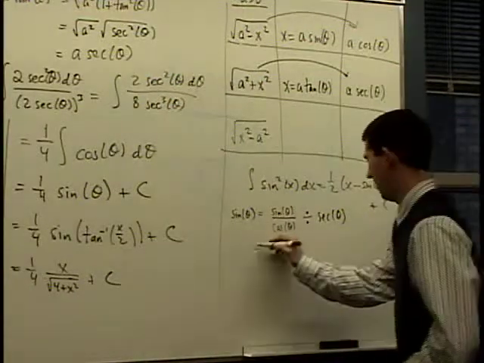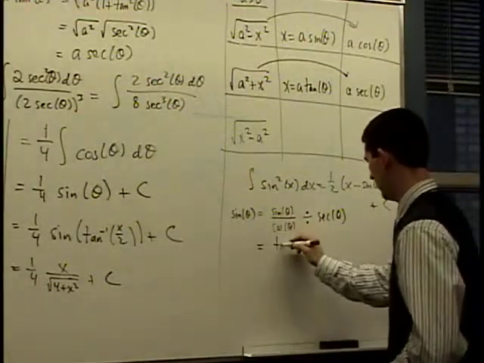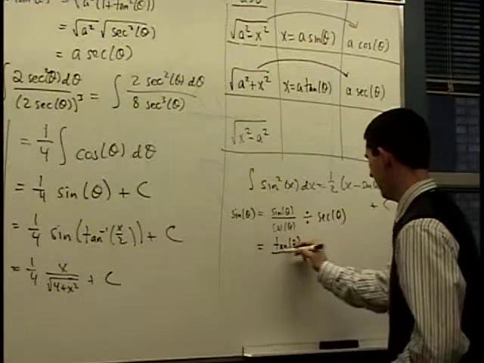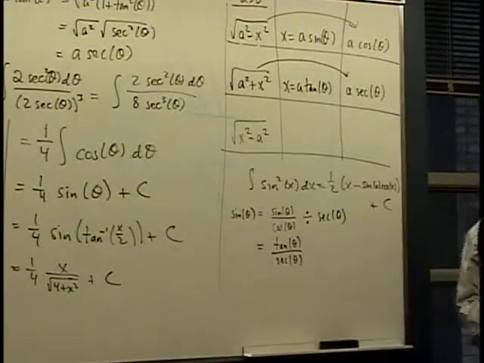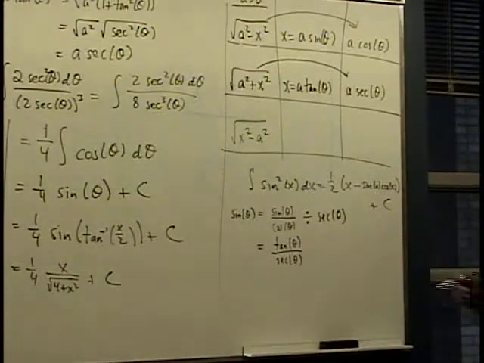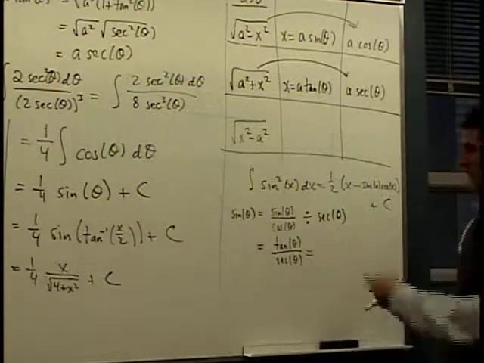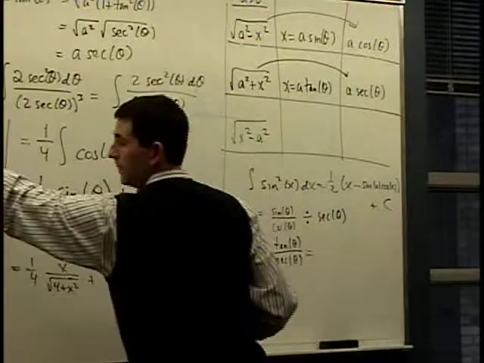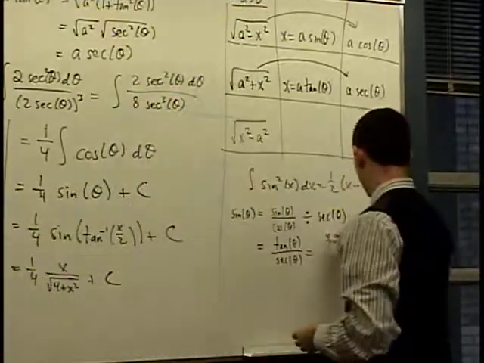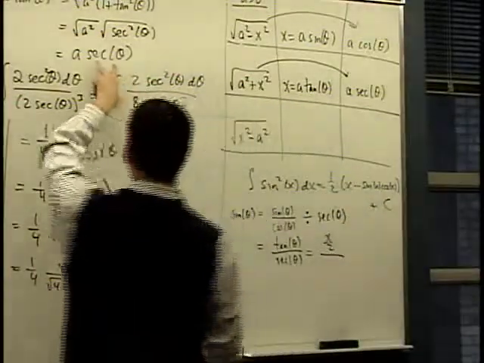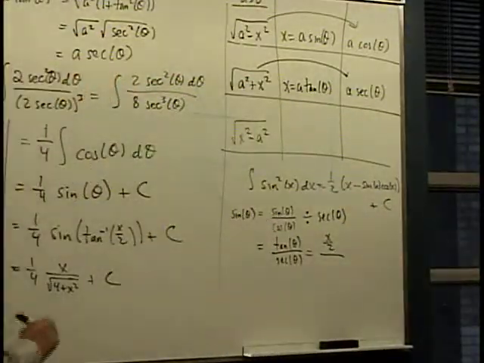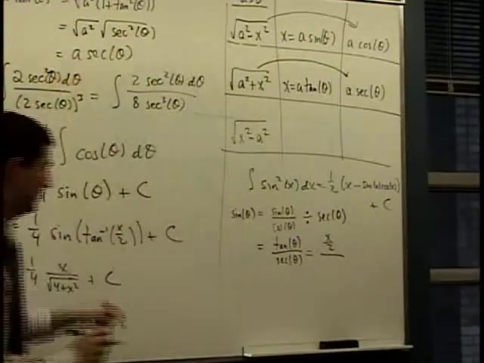Or I could write this as tangent theta divided by secant of theta. The tangent of theta is x over 2. And secant of theta is the square root of 4 plus x squared over 2.